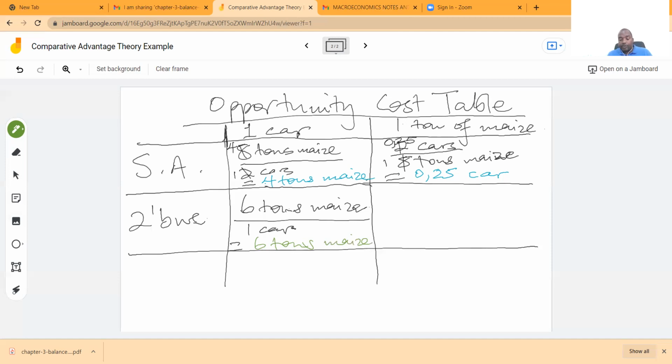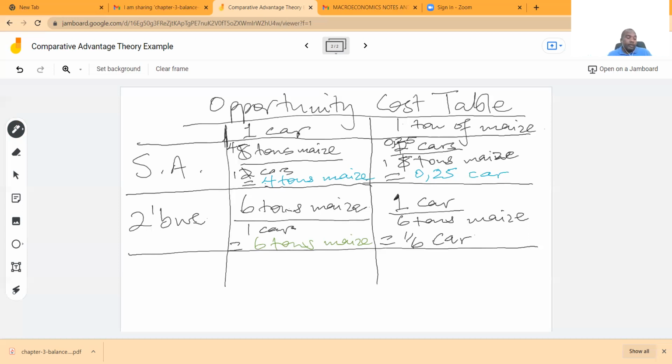I'm not writing out maize because of space. And then in the same vein, in the last cell for the opportunity cost table calculations, we're saying 1 car divided by 6 tons of maize, and we get 1/6 car.